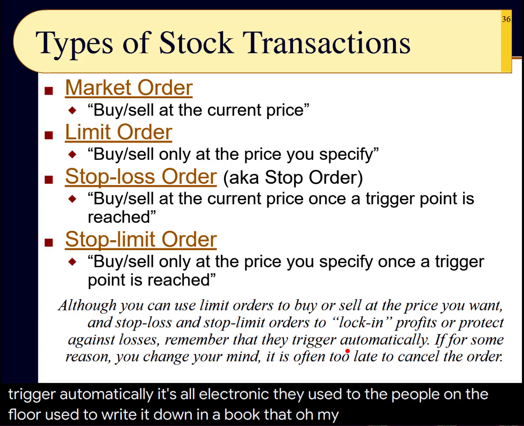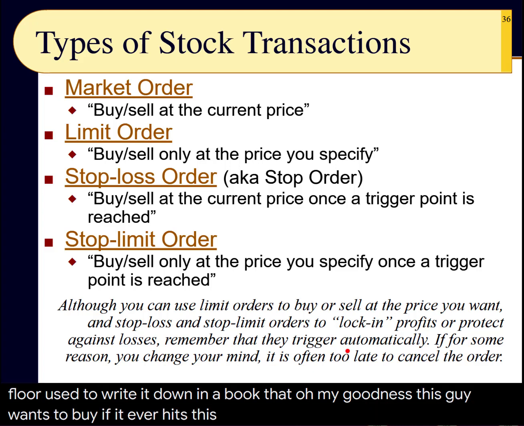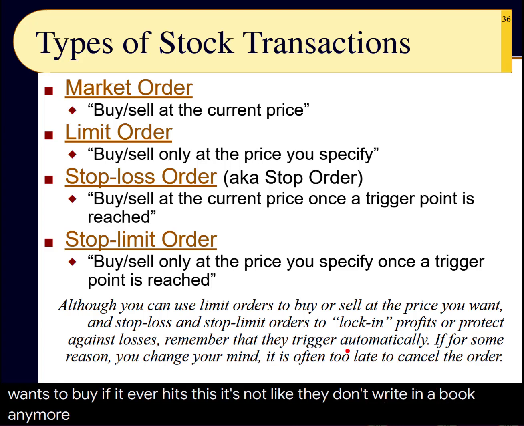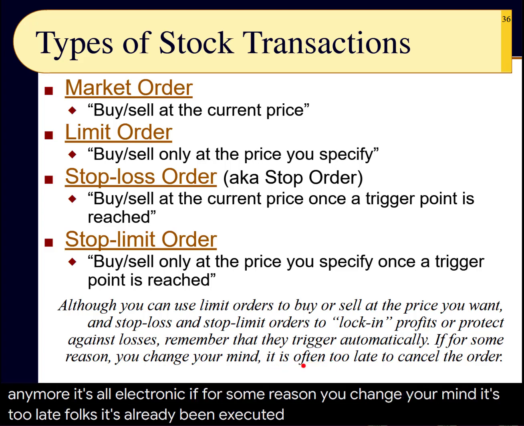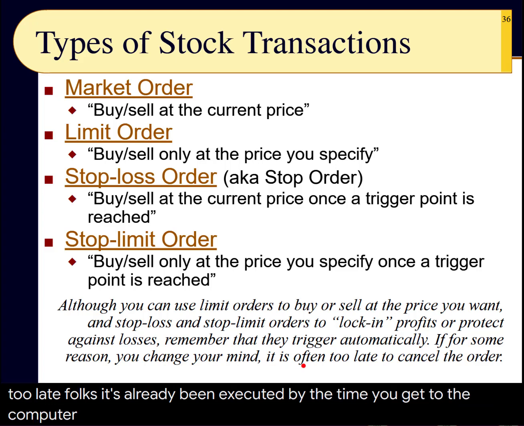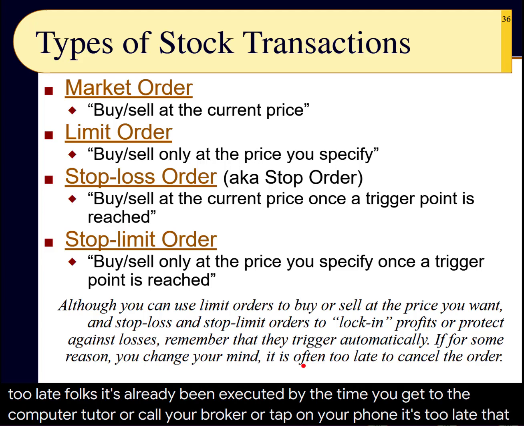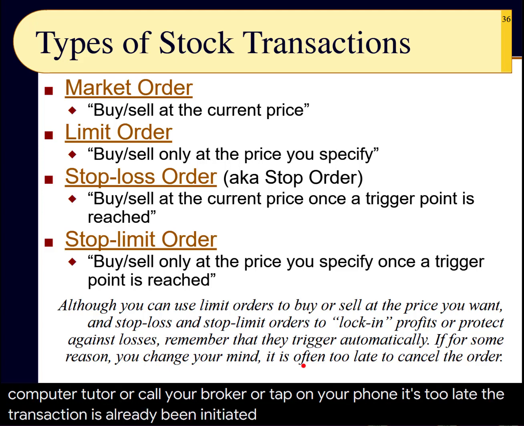That, oh my goodness, this guy wants to buy if it ever hits this. They don't write it in a book anymore. It's all electronic. If for some reason you change your mind, it's too late, folks. It's already been executed. By the time you get to the computer or call your broker or tap on your phone, it's too late. The transaction has already been initiated.